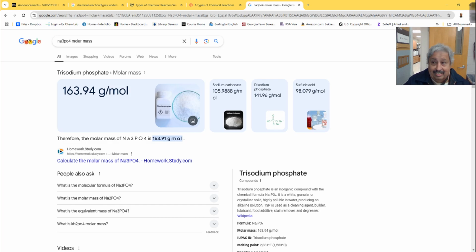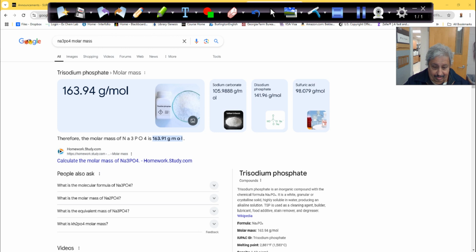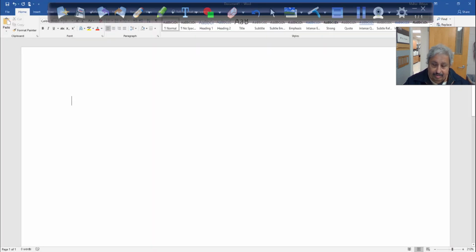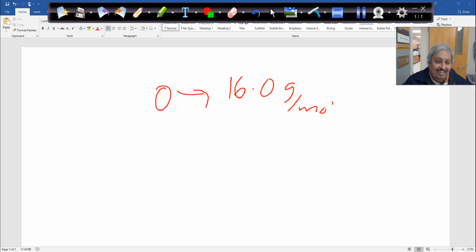163.94, we used just rounding. We did not do the exact. So, for example, let's look at oxygen. The atomic mass of oxygen, we did 16, correct? That's not really exact. It's 15.999 gram per mole, and so on.